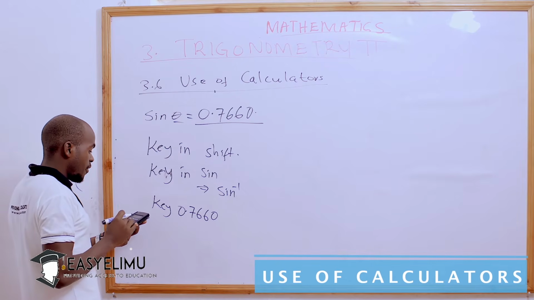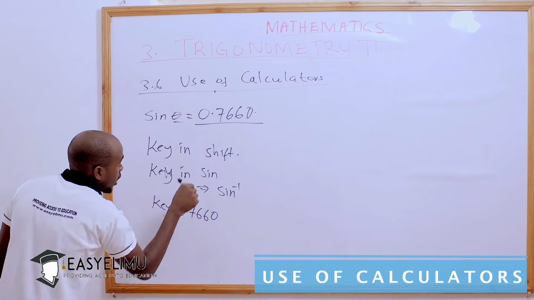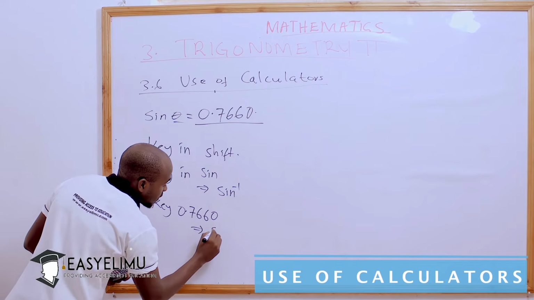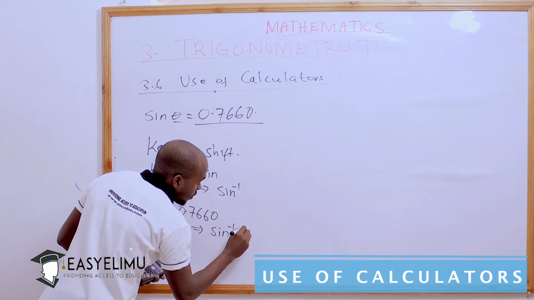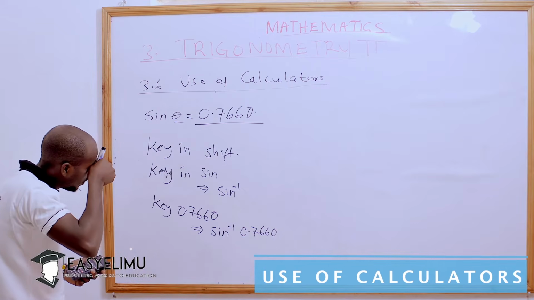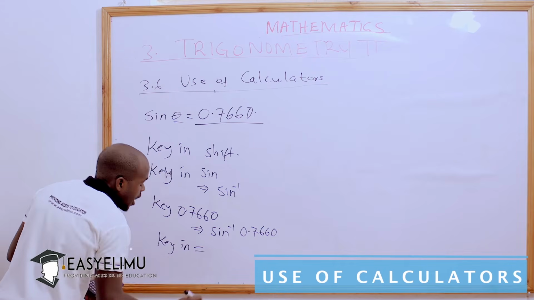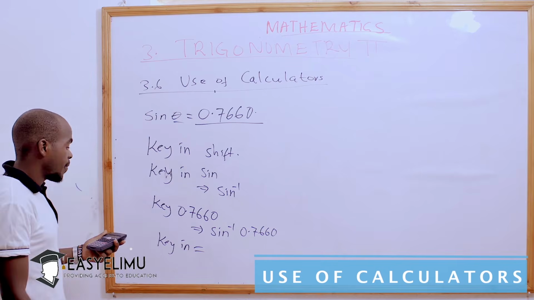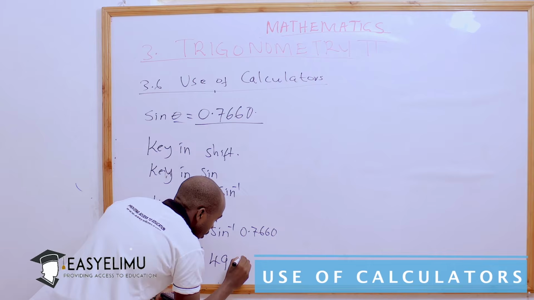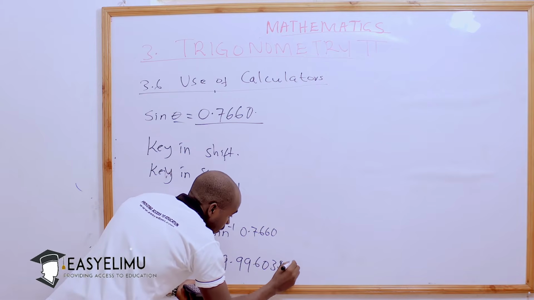After doing that, you will find your calculator displays sine inverse 0.7660, and after doing that, you now key in the equal sign, and on keying in equal sign, you will find the calculator displays 49.99603866.